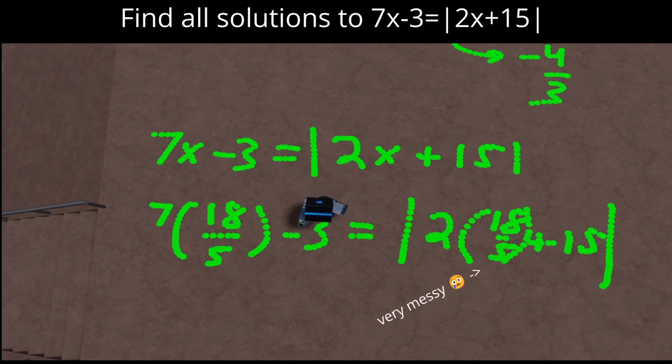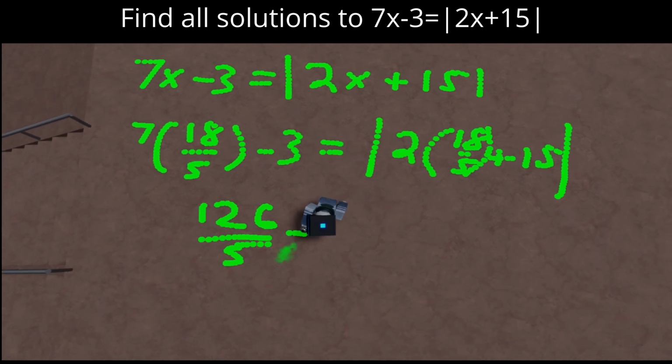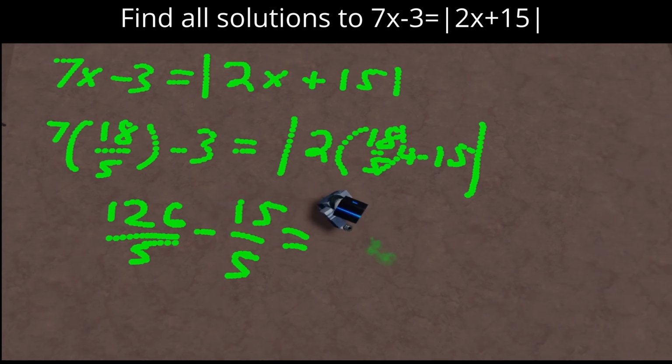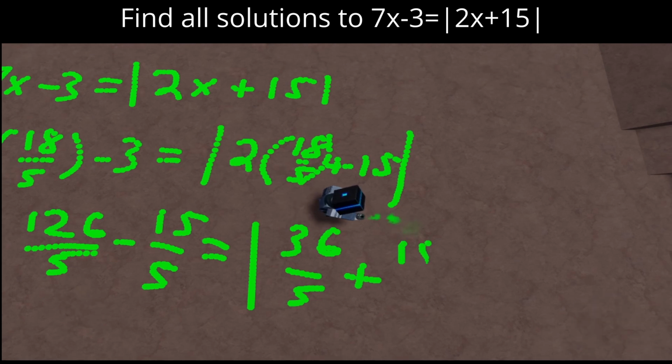And then 7 times 18, if you do that on a calculator, that's 126. So I have 126 over 5, and then minus 3. I can write that as 15 over 5 by multiplying both the numerator and the denominator by 5. And this has to be equal to 2 times 18 fifths, which is just 36 fifths. And to write 15 as something divided by 5, I can just do 15 times 5 divided by 1 times 5. And that gives me 75 fifths.